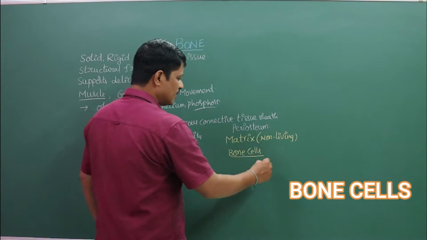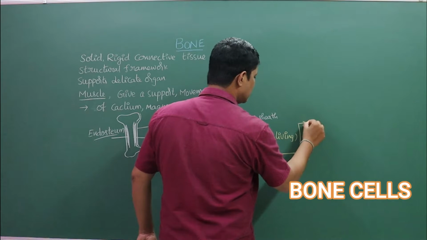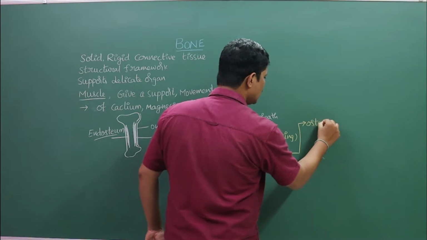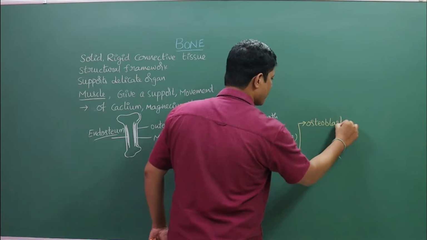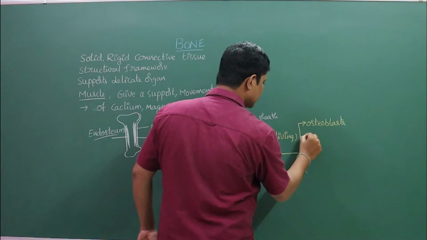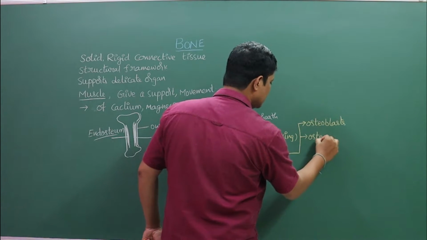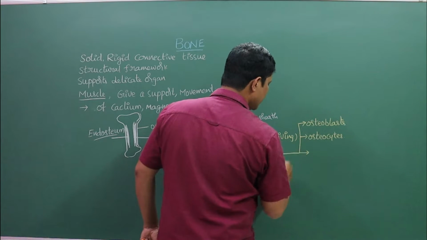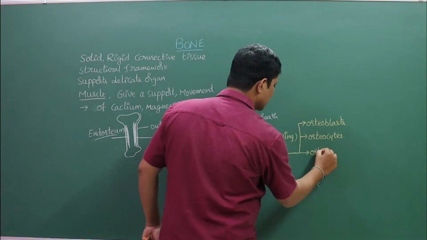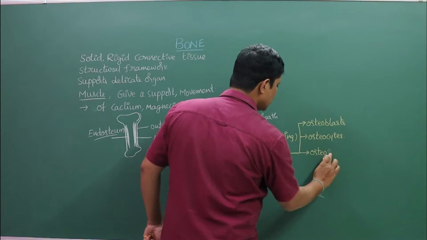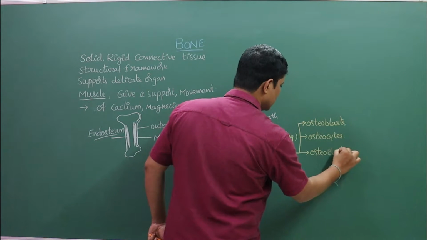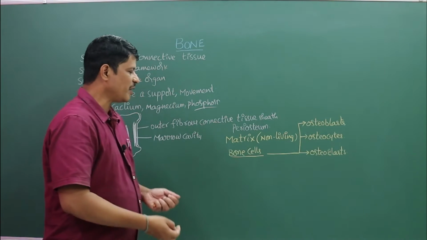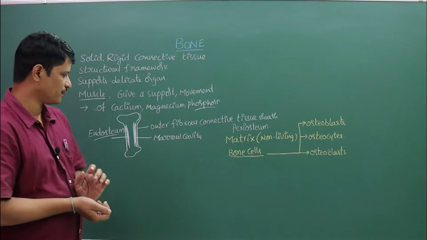These cells are, first, osteoblasts, the second one is osteocytes, and the third one is osteoclasts. These are the three cells present in the matrix of the bone.